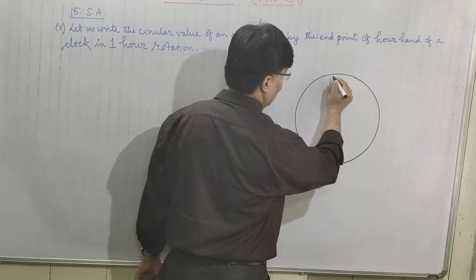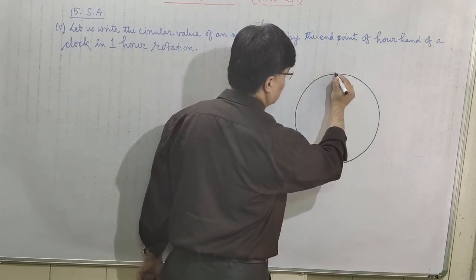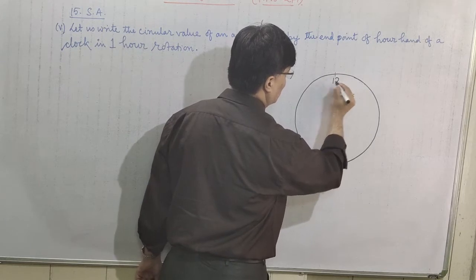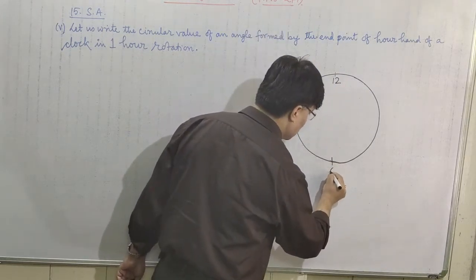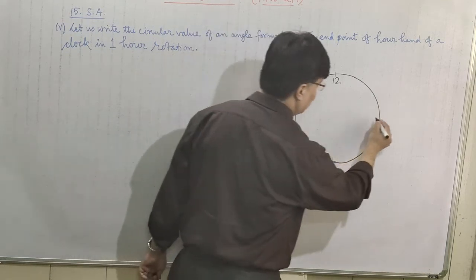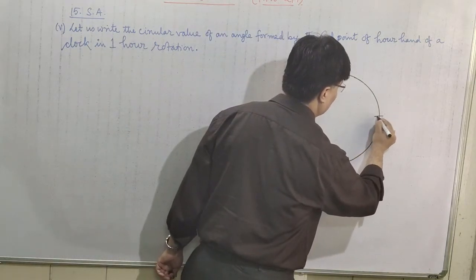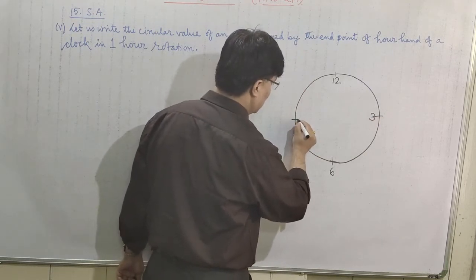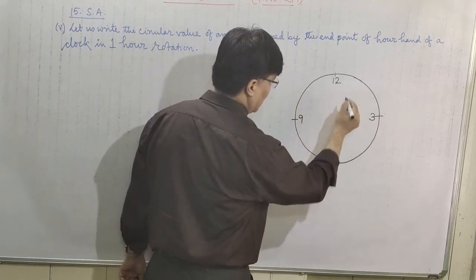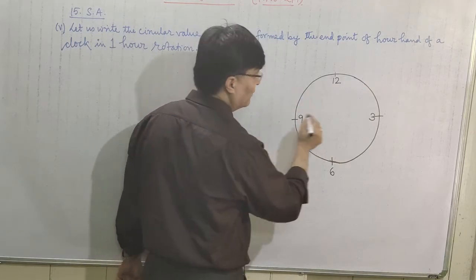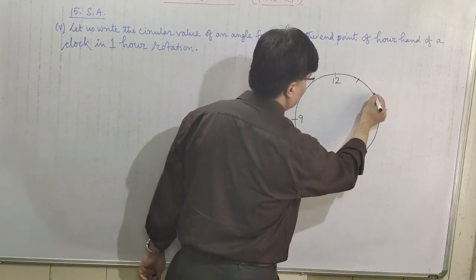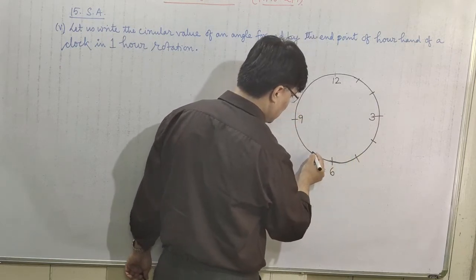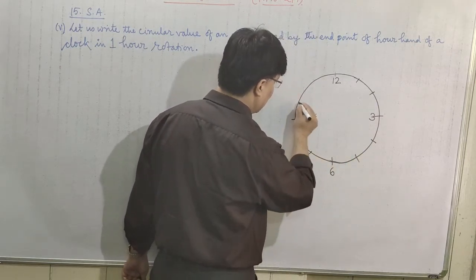So let us write here. This is your 12. This is your 6. You know that, isn't it? And this is your what? 3. And this is your what? 9. 3, 6, 9, 12. And this is your 1, 2, 3, 4, 5, 6, 7, 8, 9.